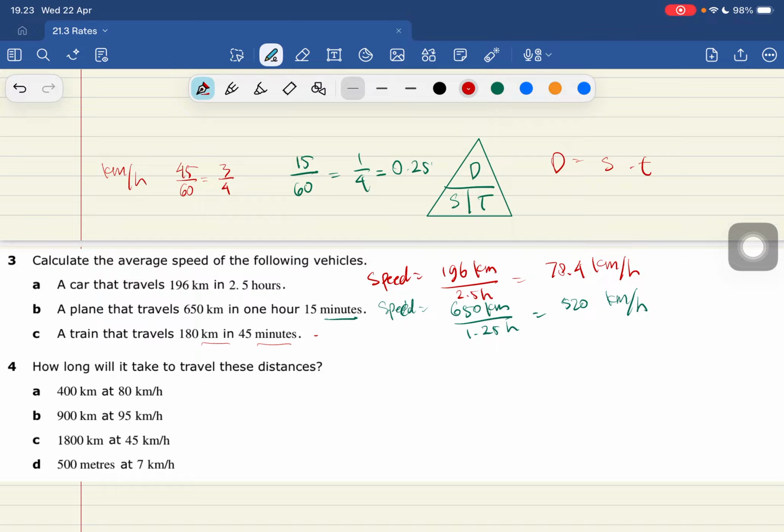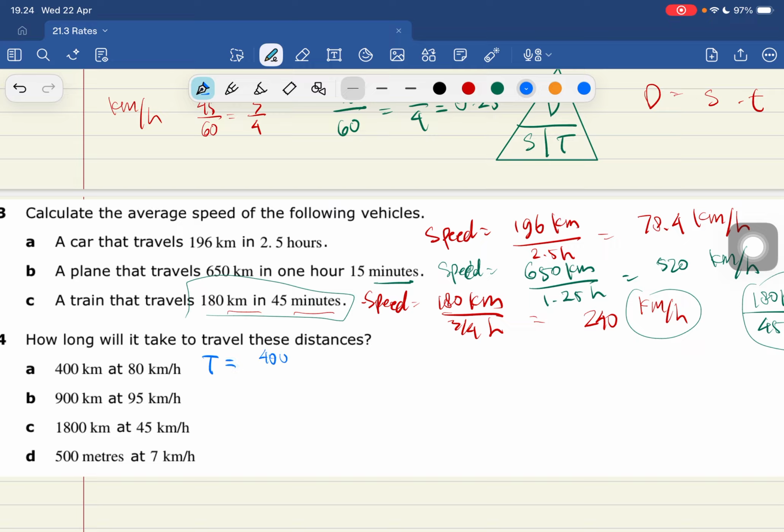So how long will it take? To find the time, for the distance of 400 kilometers, we divide by 80 kilometers per hour. So this is 5 hours. Next, the time, we have 900 kilometers, and we divide by 95 kilometers per hour.